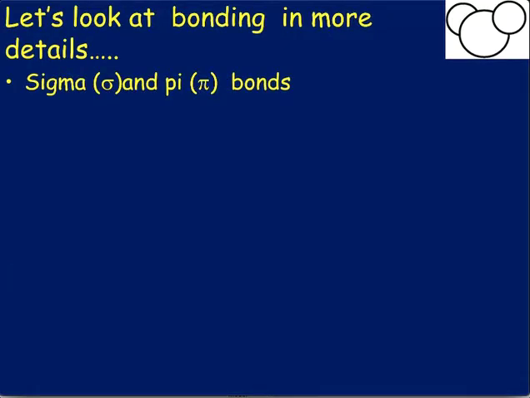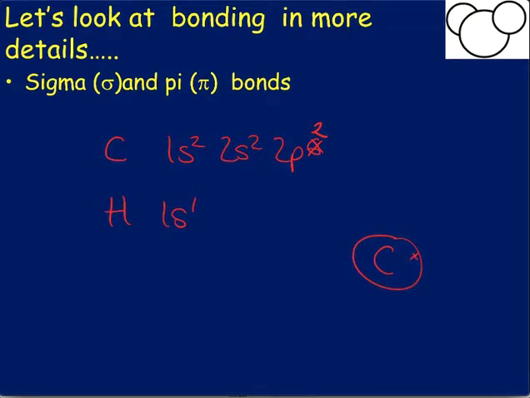So before we get in there, we are going to talk about carbon in terms of the electron configuration. Carbon is 1s2, 2s2, 2p2. Hydrogen is just 1s1. And we now know from our dot and cross for carbon that there must be a dot and cross being shared here, like so, between these two carbons.